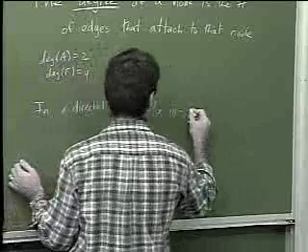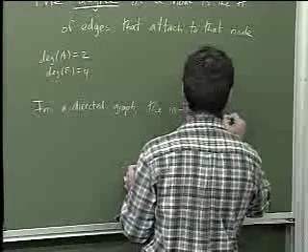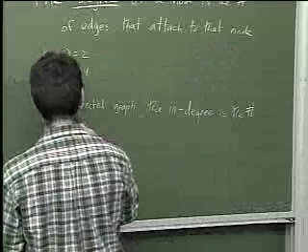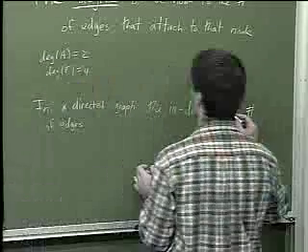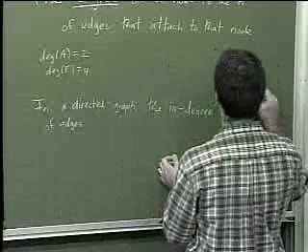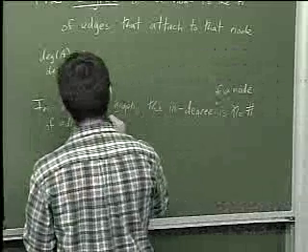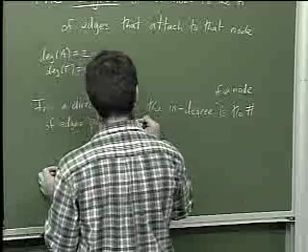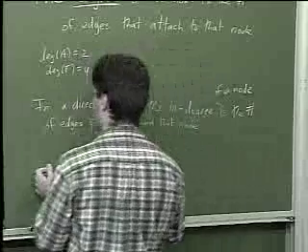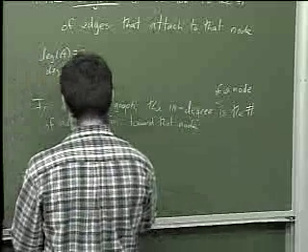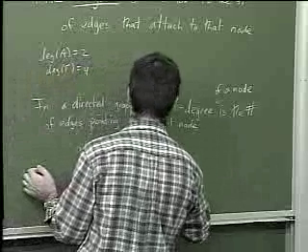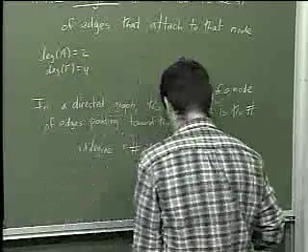the in degree is the number of edges of a node, the number of edges pointing toward that node, and the out degree is the number of edges pointing away.